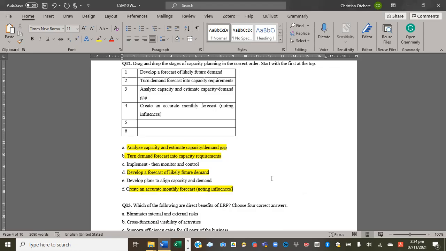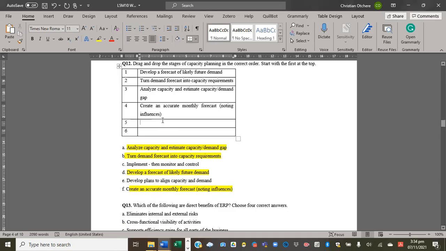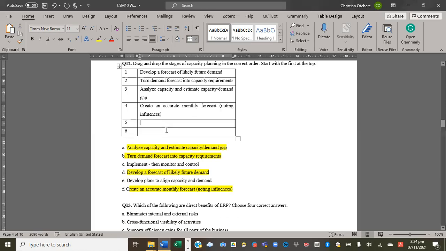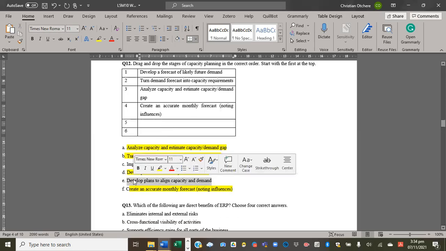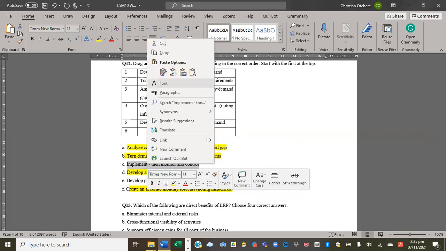We do what? Develop plans to align capacity and demand. Okay. Then implement, then monitor and control.